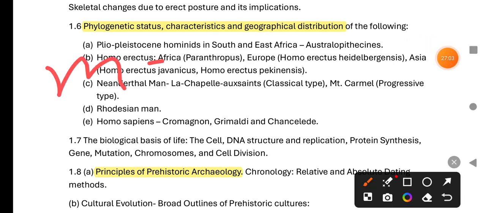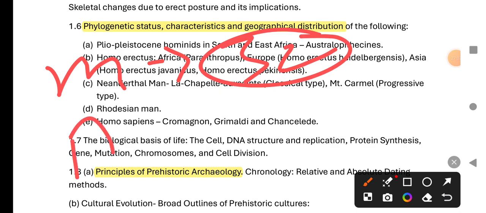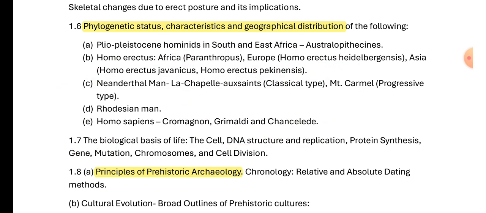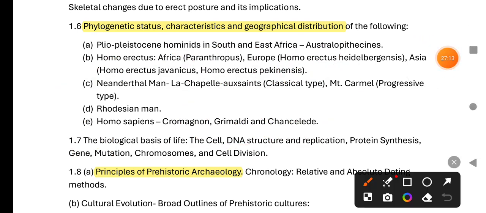In man there are 32 teeth, and in ape there are 34 teeth. So you will need to differentiate between these two fossils, and these are the human evolutionary features, like modern man.